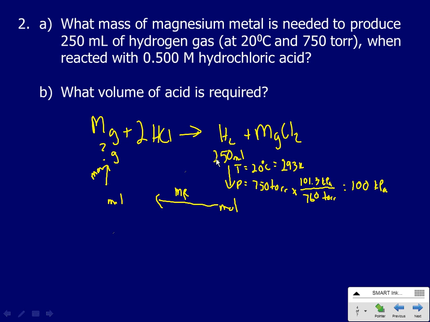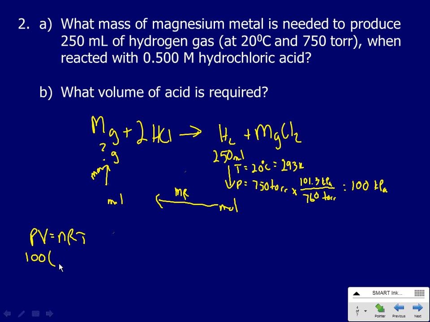So now the first step is different. The first step, we need PV equals nRT, and we are going to solve for moles. We know the P, 100. We know the V. Got to be careful on this. We have got to put in liters.